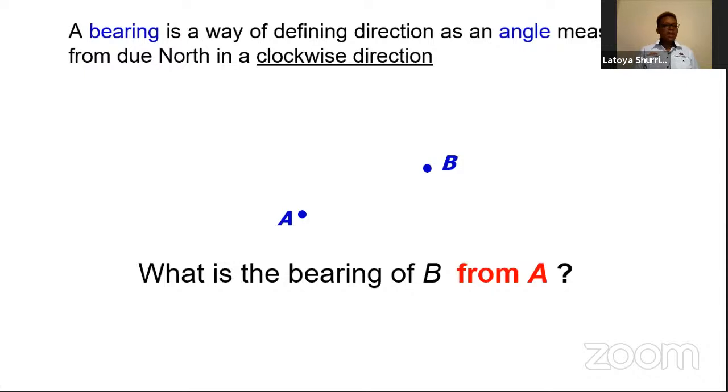So I see A to B in the chat. Excellent. So we're starting at A and we are going to B. All right. So the first thing we do is connect our points. And then we draw our north line. And then we simply measure from our starting point.